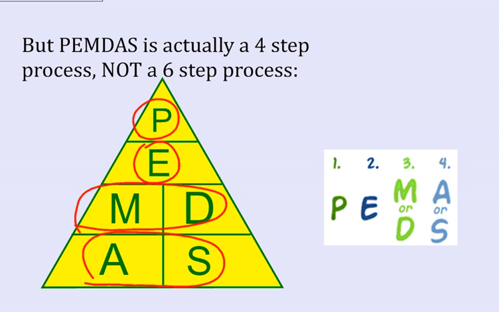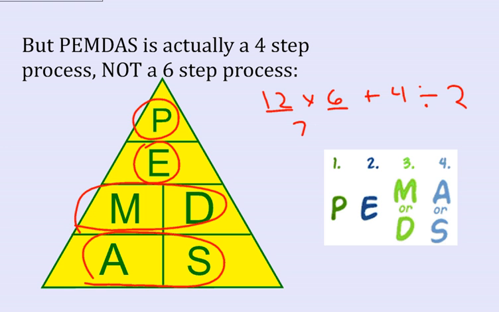So let me give you an example of what I mean. Multiplication and division happen at the same time. So if I had 12 times 6 plus 4 divided by 2, these two would have to go together first.